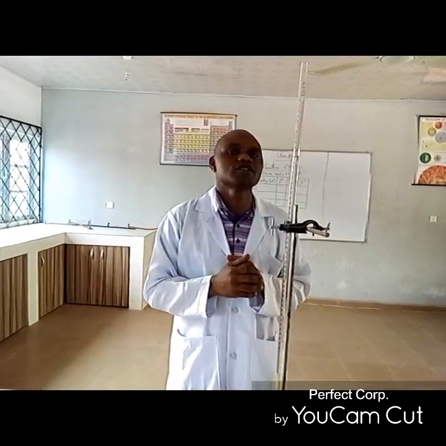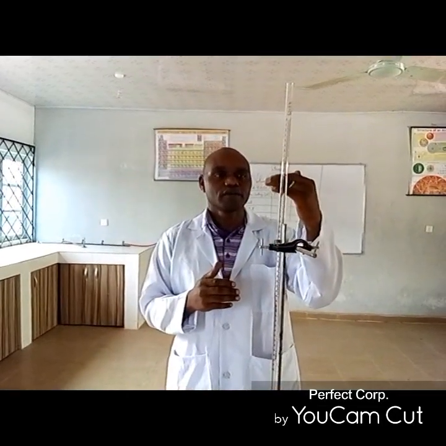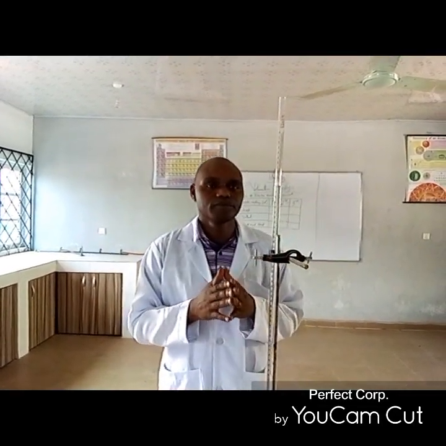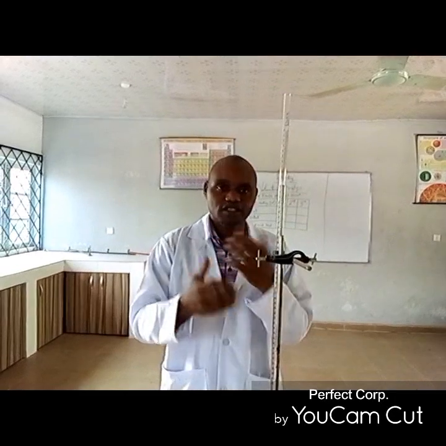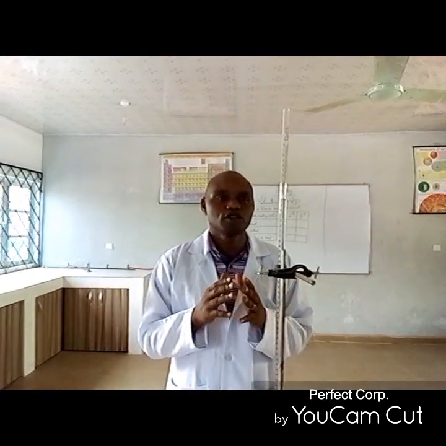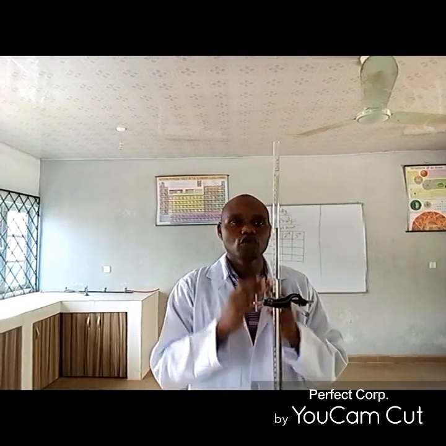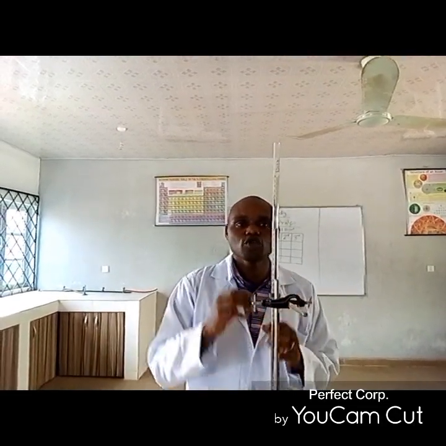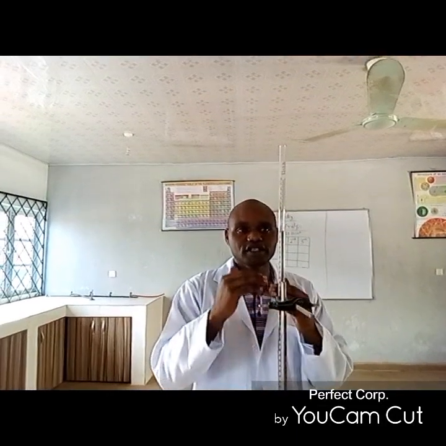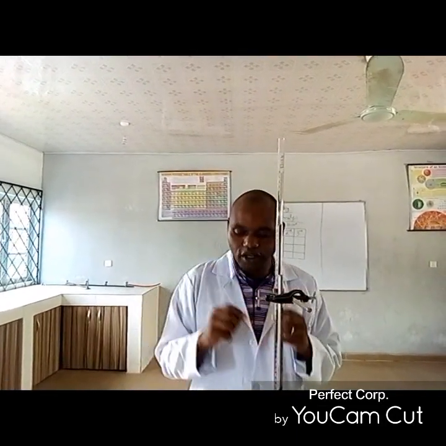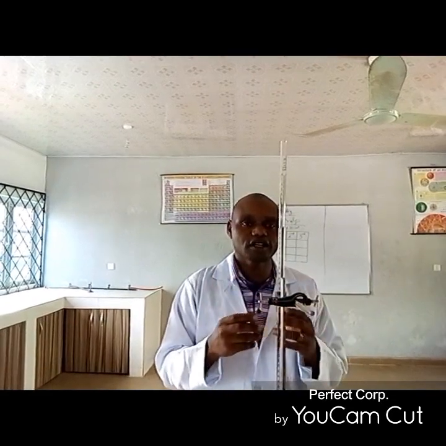Please take note, when you are taking the burette reading, you don't bend low, or stretch. You must stand, allow your eye to be at the same level with the burette reading. Also, when you are reading it, what I'm trying to say is, let me further explain.